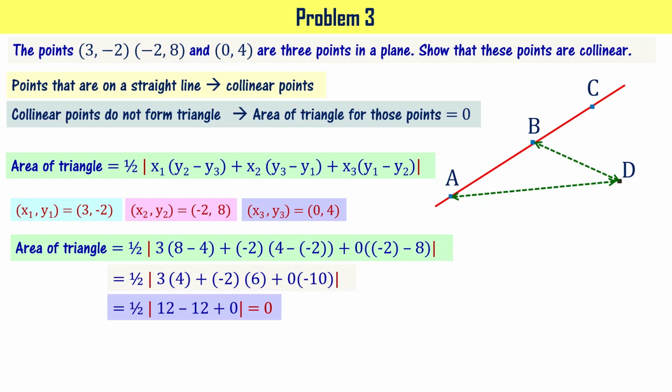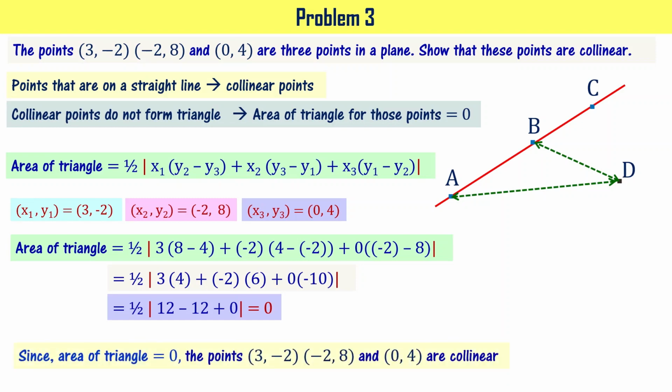It means area of triangle is 0, right? We said that when area of triangle is 0, the points are collinear points, right? Since area of triangle is 0, I say that the points 3 comma minus 2, minus 2 comma 8 and 0 comma 4 are collinear points. If you take a graph paper and plot these, you will get a straight line passing through all these points. I hope you got the point.